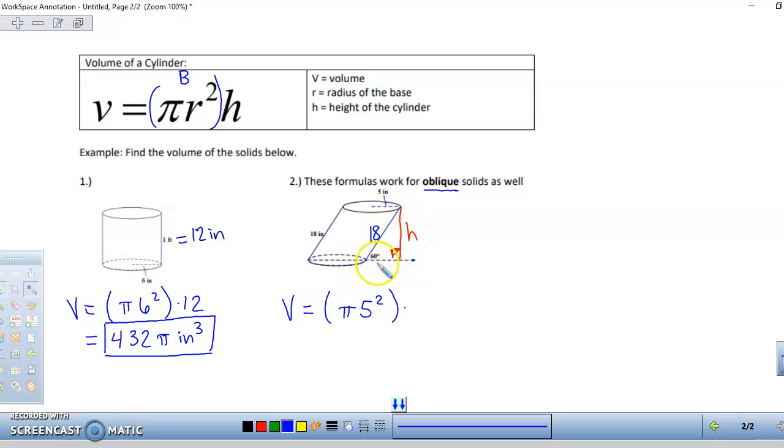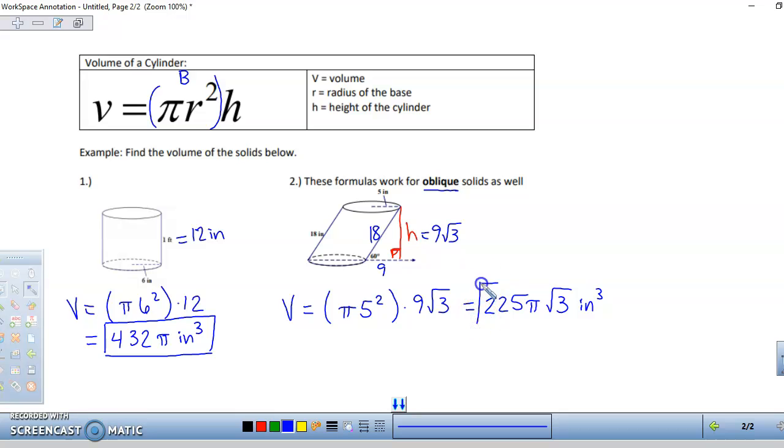So then I can figure out the height because I know this is 9, and then the height here would be 9 root 3. Okay, so I do the base area times the perpendicular height, which is 9 root 3. And so I'm going to do 25 times 9. So what is that, 225? And then pi, and then root 3. And this is in inches cubed.